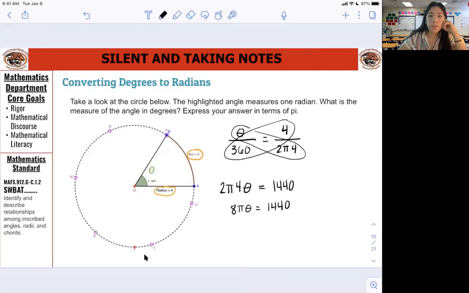And I want to know the measurement of theta, so what should I divide on both sides? Divide by 8 pi. What's 1440 divided by 8?